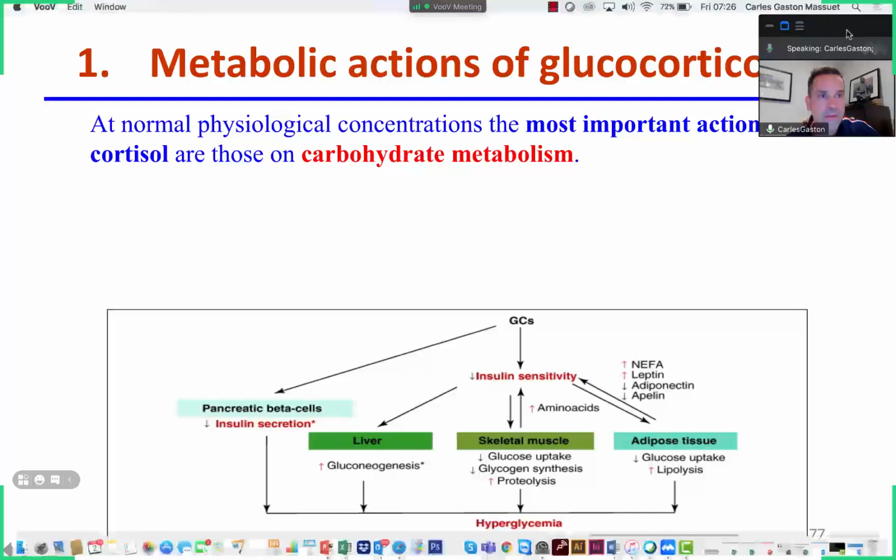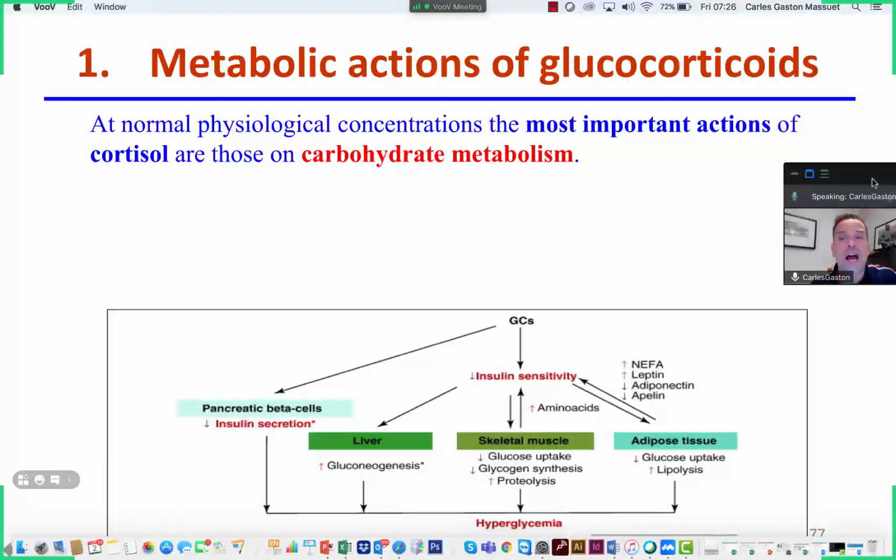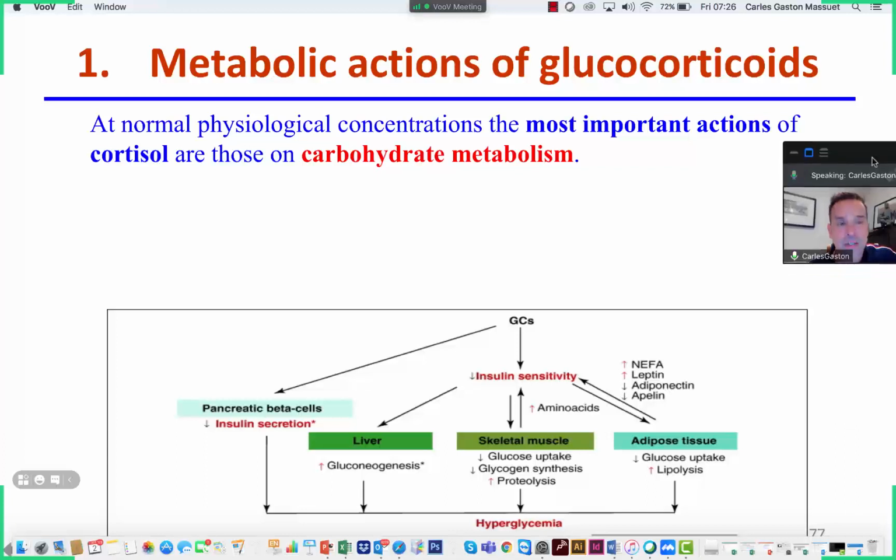The most important actions of cortisol are those on carbohydrate metabolism. Now remember from the biochemistry lectures that carbohydrate metabolism has to do with sugar, right? And the overall goal of the glucocorticoids is to impact different organs to create a level of hyperglycemia, so more sugar in the blood.